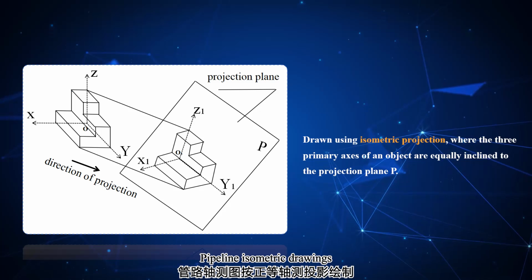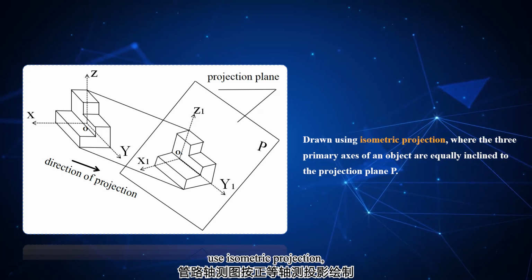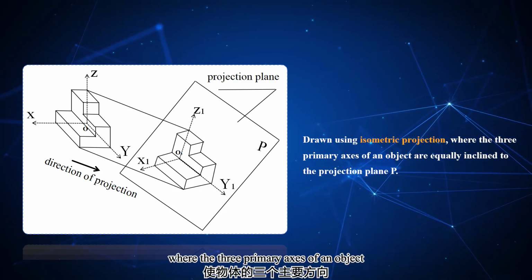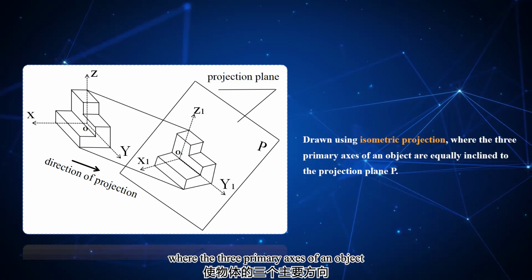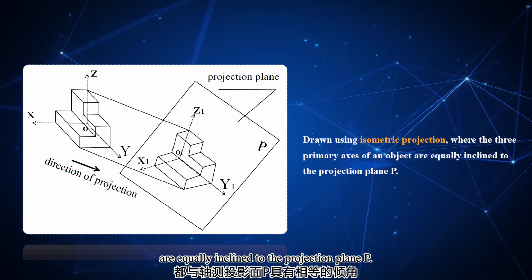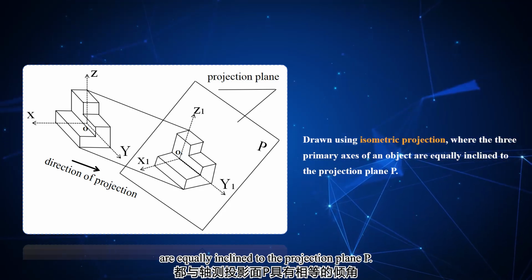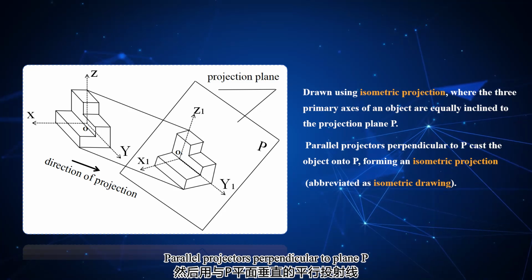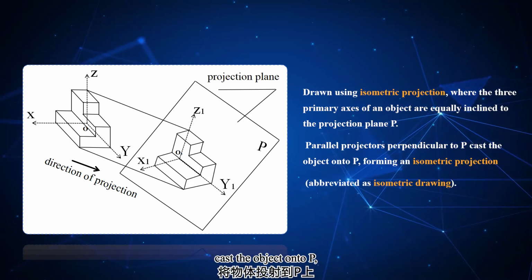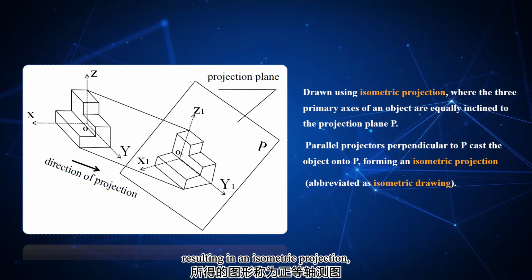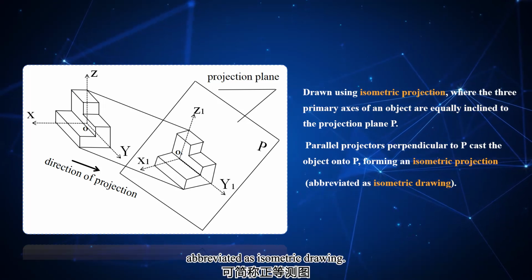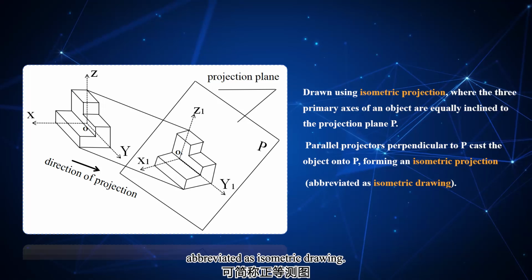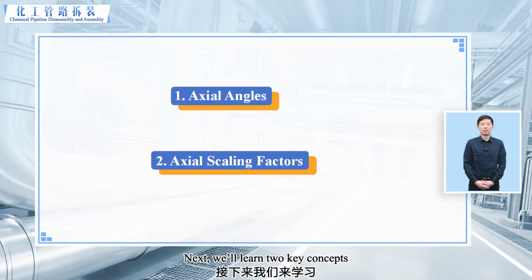Pipeline isometric drawings use isometric projection, where the three primary axes of an object are equally inclined to the projection plane P. Parallel projectors perpendicular to plane P cast the object onto P, resulting in an isometric projection, abbreviated as isometric drawing.